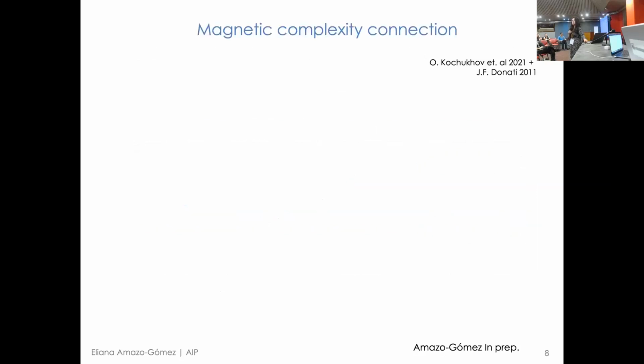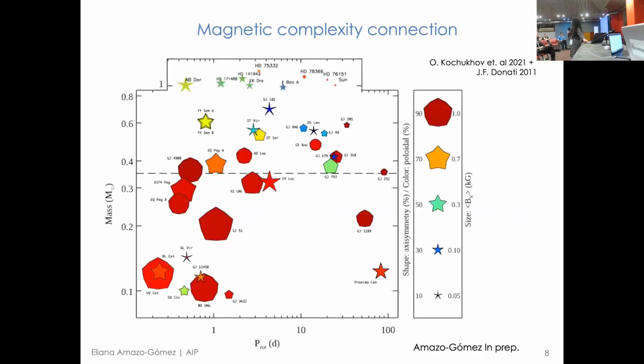Then we wanted to check not just the longitudinal magnetic field, but the complexity of the magnetic field of some of those stars. Here we have the infamous confusiogram, maybe some of you know it, where we have the mass of the star in terms of the rotation period, and the shape of the symbol tells us about the complexity.